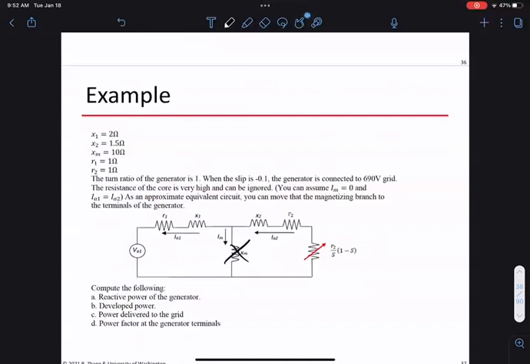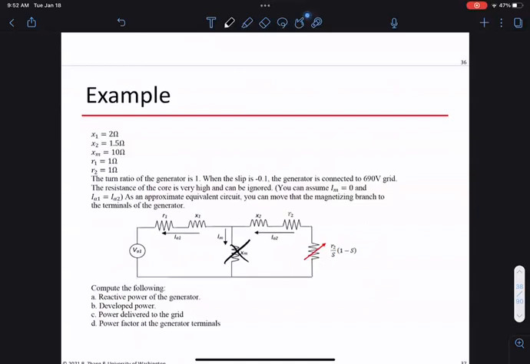Normally this is a very high number anyway, so we're going to assume it's an open circuit and ignore it. So we can approximate this and just ignore it, and then compute the following things. Compute the reactive power to the generator, the developed power, the power to the grid, and the power factor of the generator terminal.